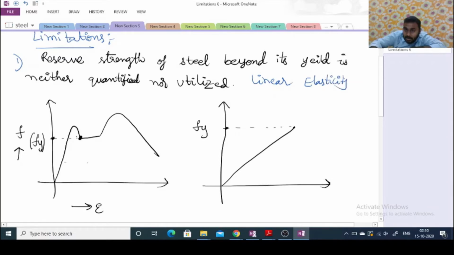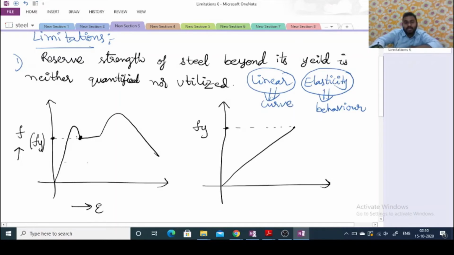It means material behavior is elastic, and the graph in that elastic zone is linear. It means the curve should be linear. That is the meaning of it. Hence the graph used in the working stress method is this. This is Fy, the yield point or yield limit.